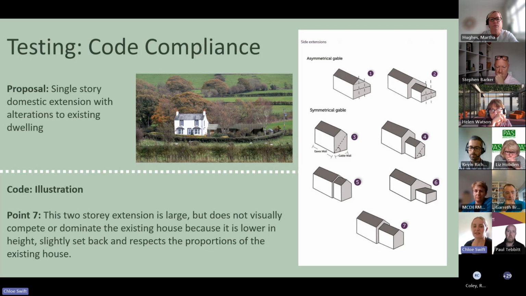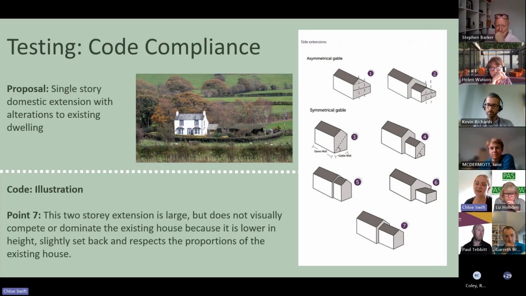We found that although this application for a single-storey extension is quite large, it doesn't visually compete or dominate with the existing house because it's set back, it respects the proportions of the house, and it's quite well disguised with the existing vegetation surrounding the site. So we concluded that this development was satisfactory with the code and fits in well with the landscape.